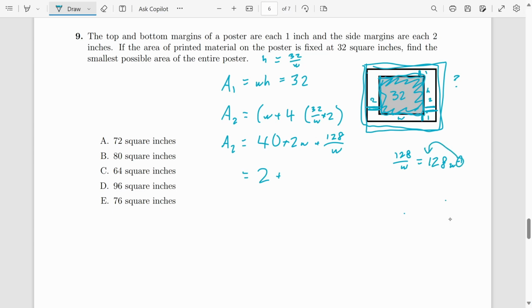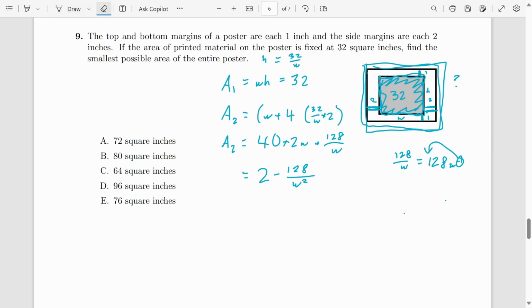Bring negative 1 out front, so this becomes minus 128, and now this is W to the negative 1. When you subtract 1 from the exponent, that becomes W to the negative 2 power, which is the same as 128 over W squared. So the derivative of 128 over W is negative 128 over W squared. And now this is our full derivative.